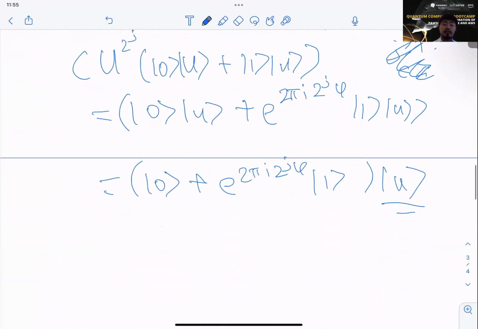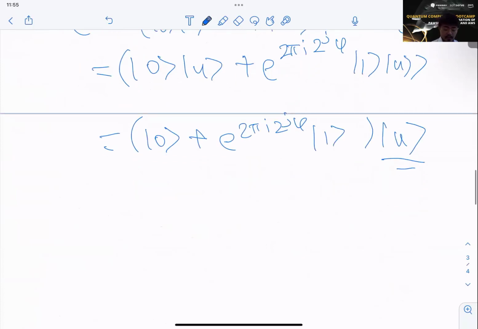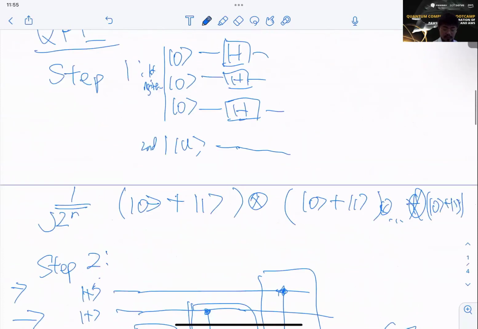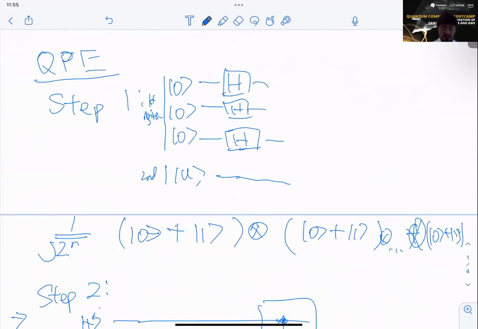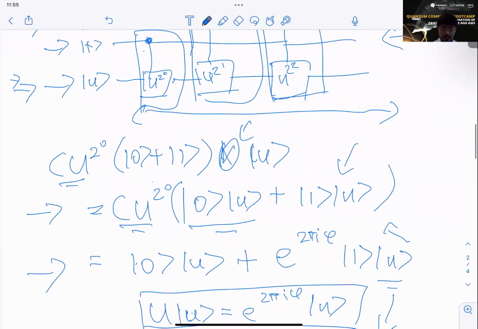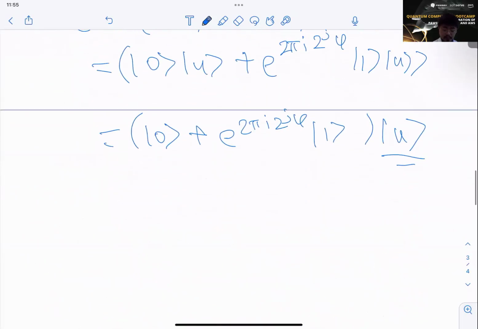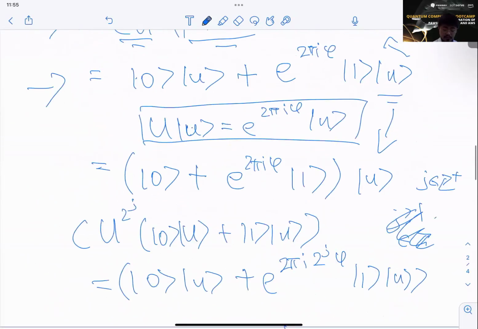So first thing we do is we ignore the second qubit, the second register. We don't really consider what happens to it because we know that it just remains completely unchanged in the second step. Now, what happens to the rest of these over here?